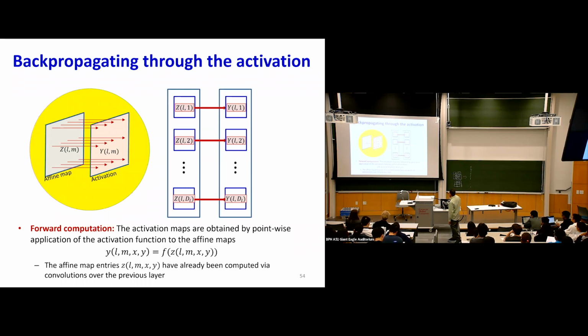So every y_{l,m}(x,y), which means the lth layer, mth activation map at position x,y, is simply obtained by applying an activation function f to the corresponding element of z. So if I have the derivative of the divergence with respect to y, how do I get the derivative with respect to z?